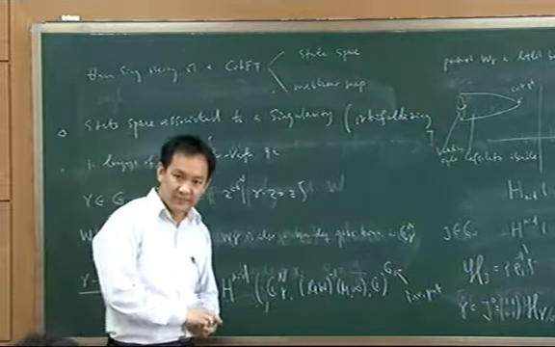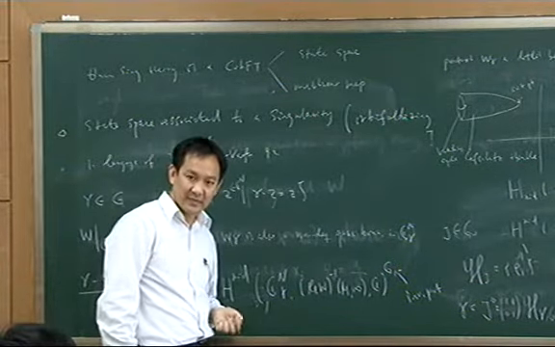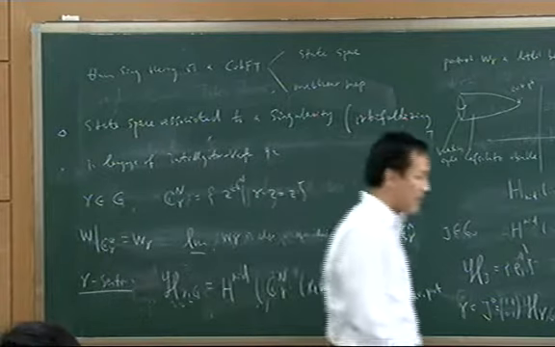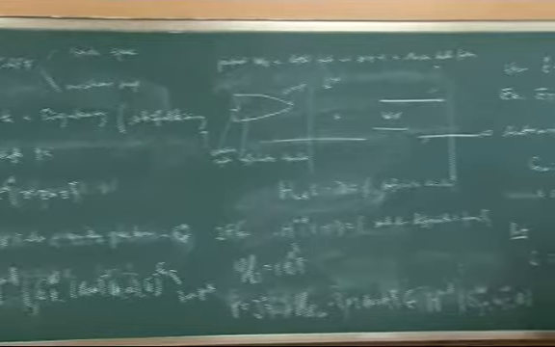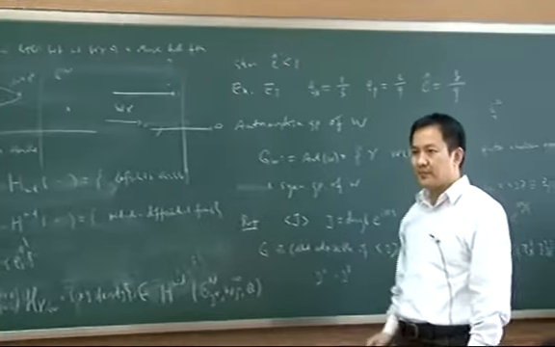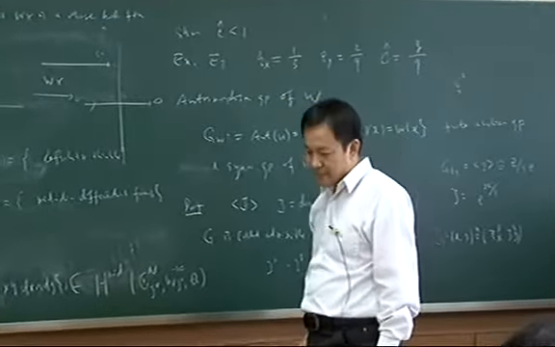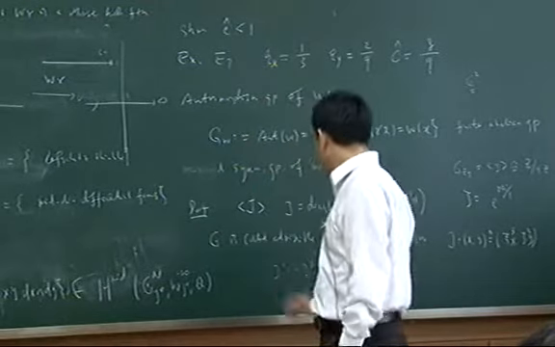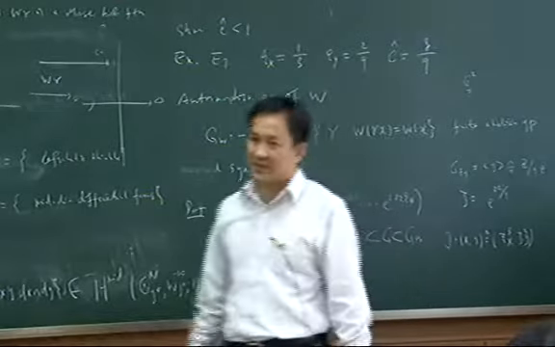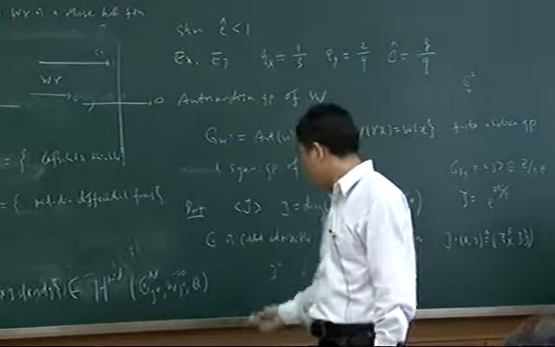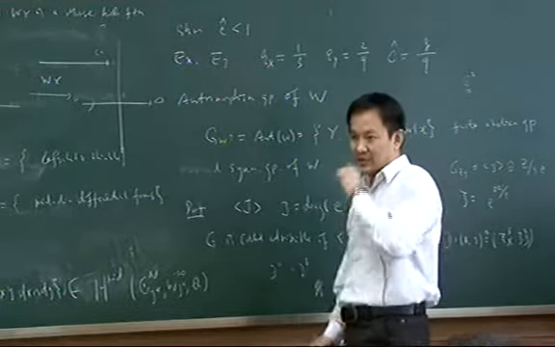Besides the identity element, which is just the constant, you have J0 to J8. J0 just means J to the power 0.